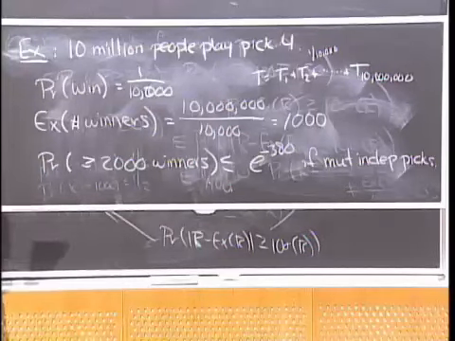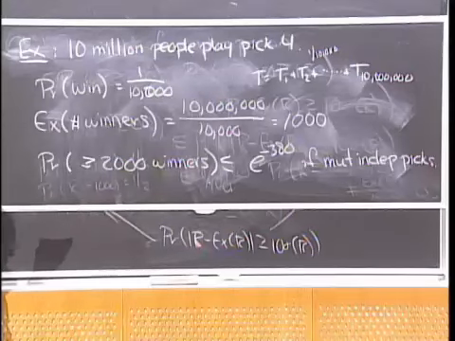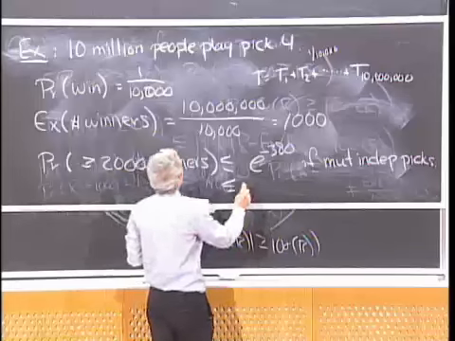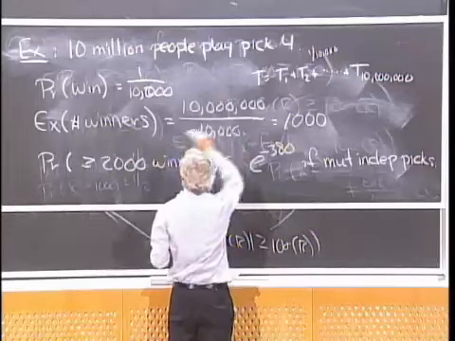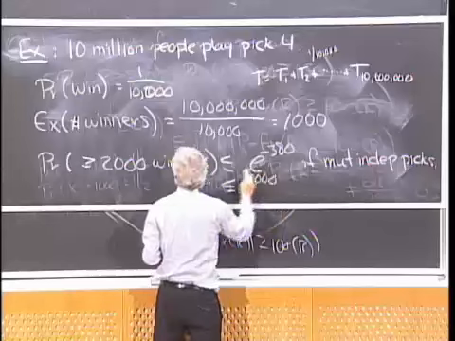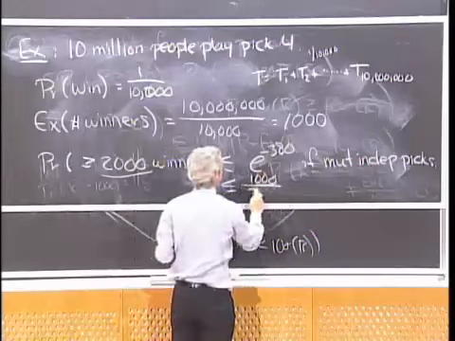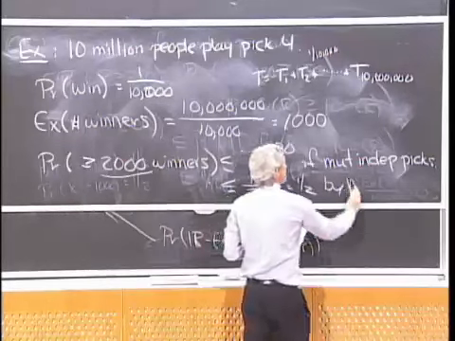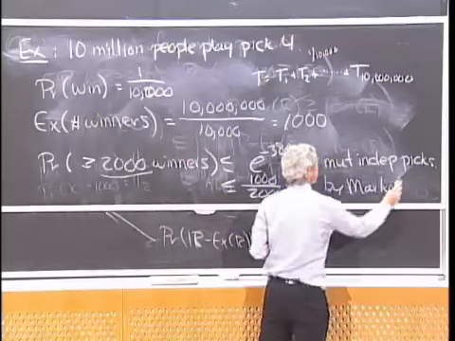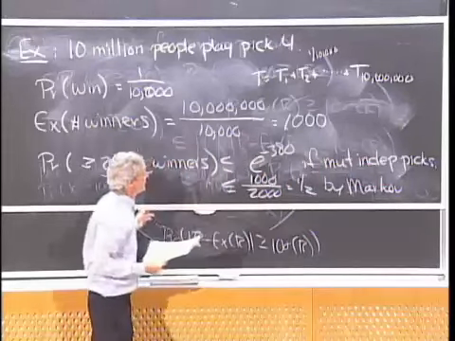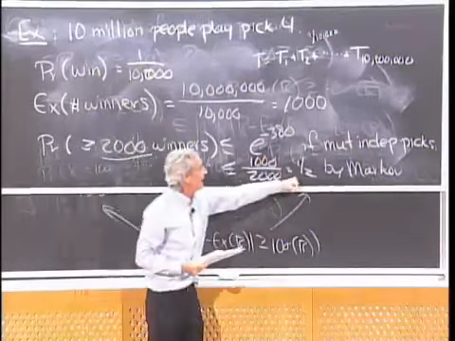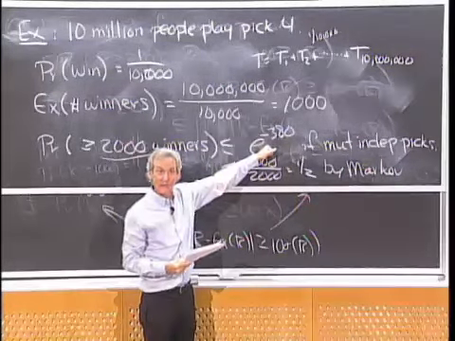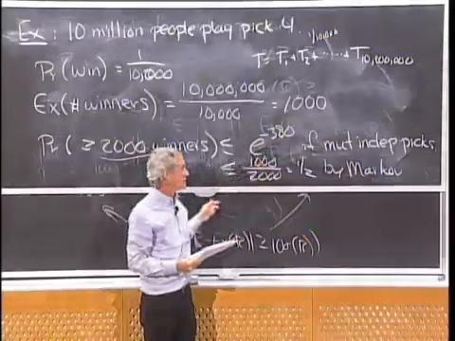What does Markov give you? 1/2, yeah. Because the expected value is 1,000 divided by the bound threshold of 2,000 is 1/2 by Markov. And that holds true without any independence assumption. Now, there's an enormous difference between 1/2 and e to the minus 380. Independence really makes a huge difference in the bounds you can compute.